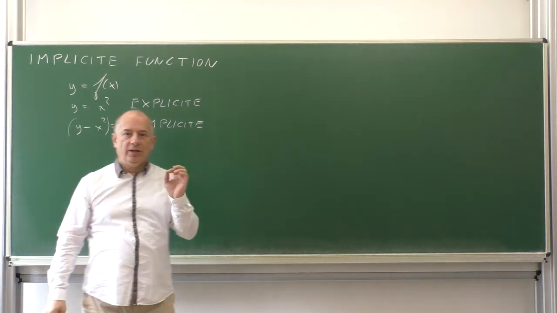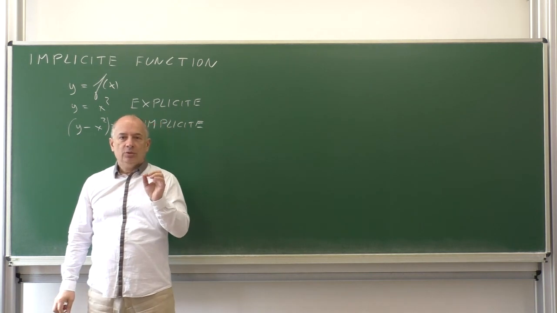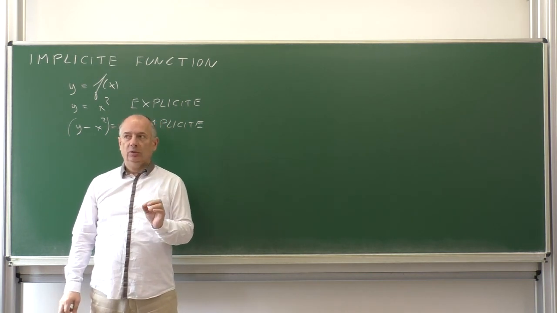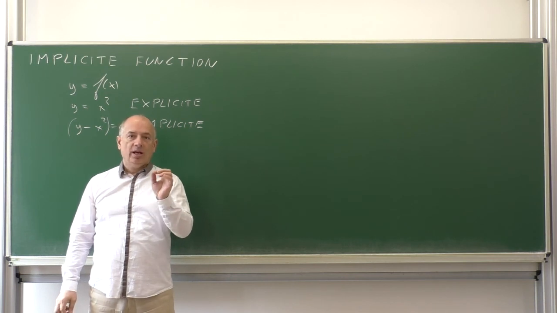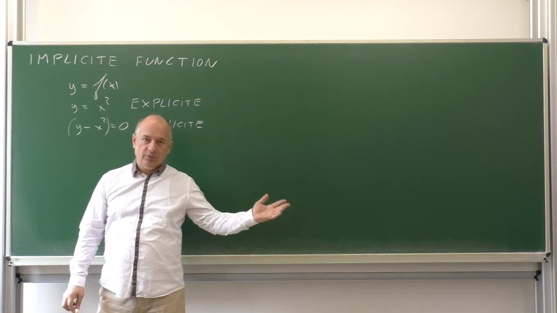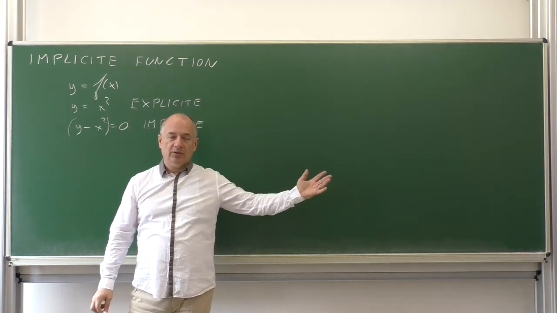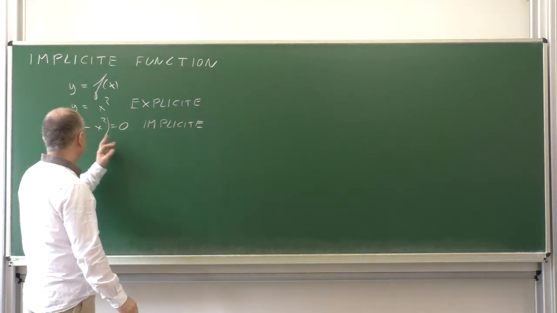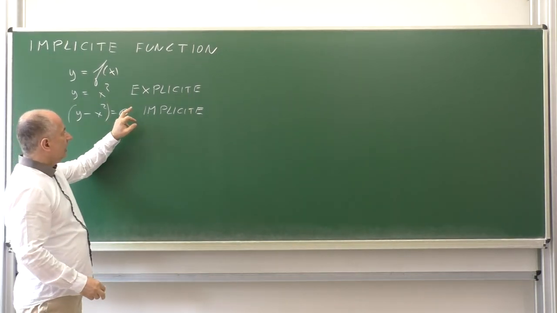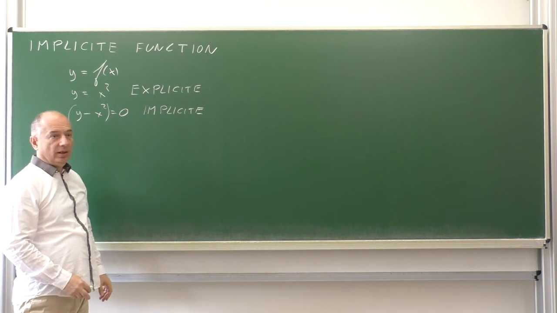Actually, the adjective implicit refers to the way of defining the function. So we should say function given in an implicit way. But as an abusive notation, we use implicit function and we mean the way. So sometimes we can transform the implicit way into the explicit way.